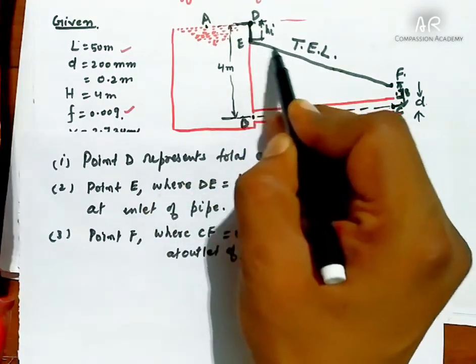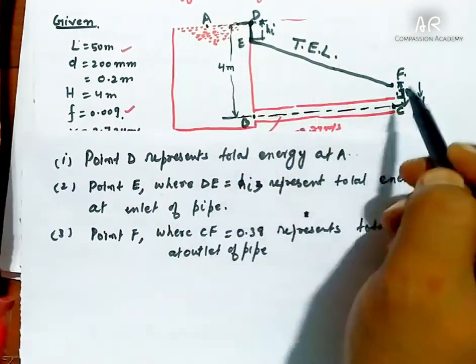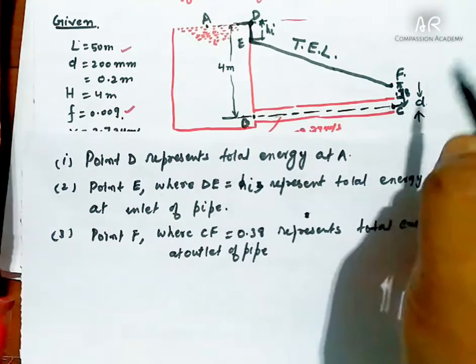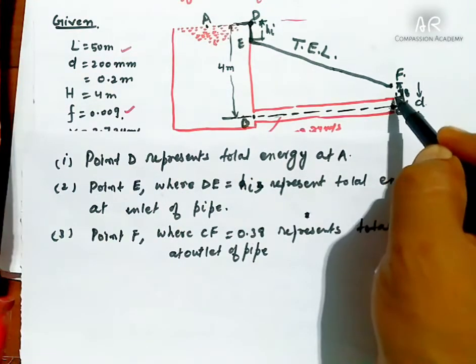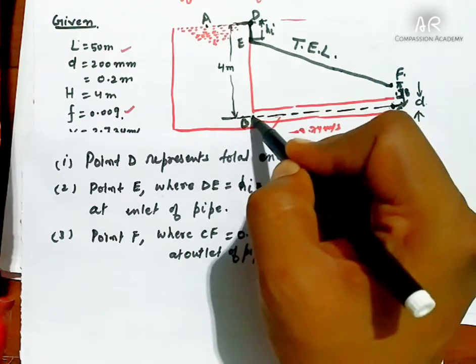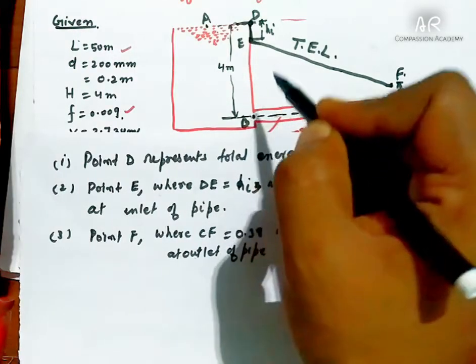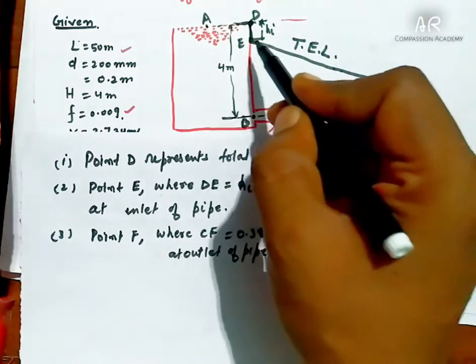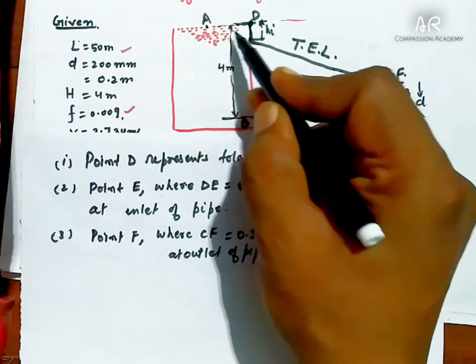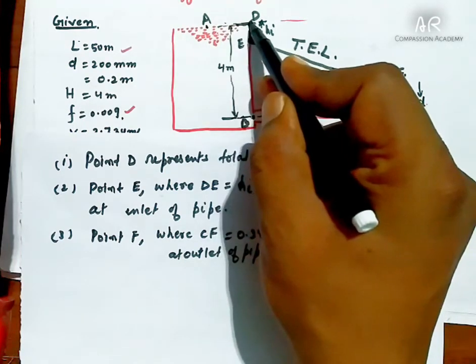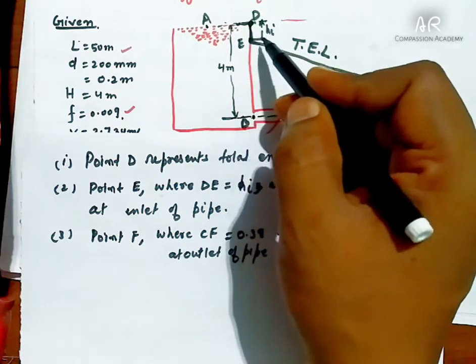This line DEF represents the total energy line, because here at point C total energy is 0.38, at point B total energy is 3.81, that is E, and at A total energy is 4 meters, that is taken as D.